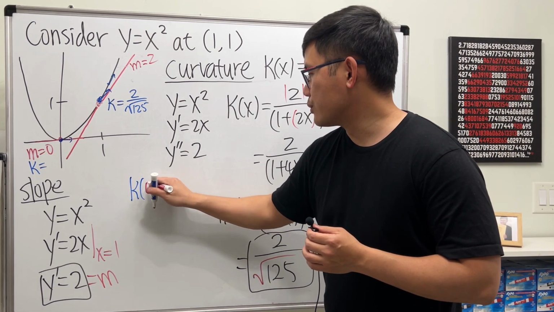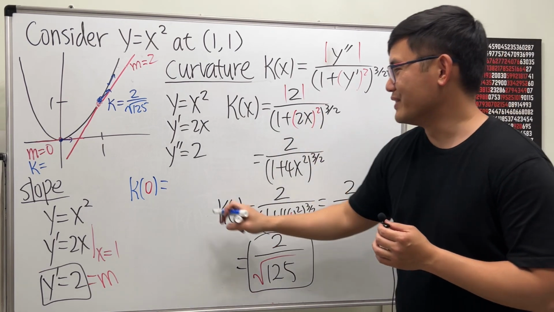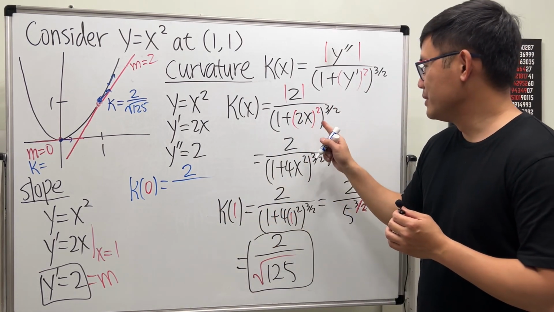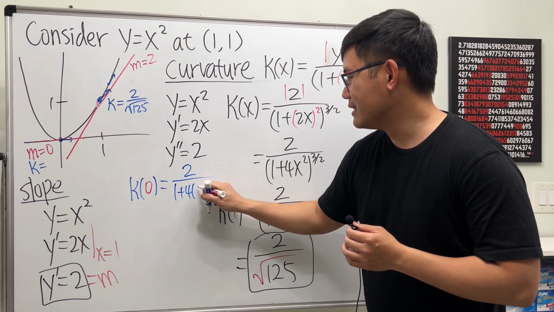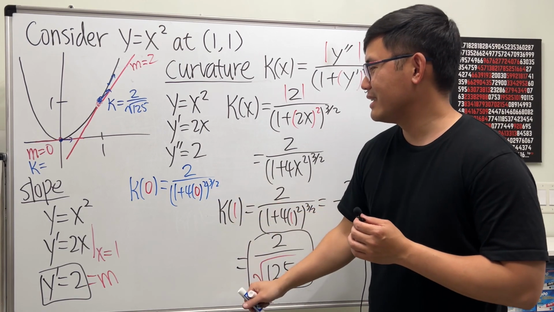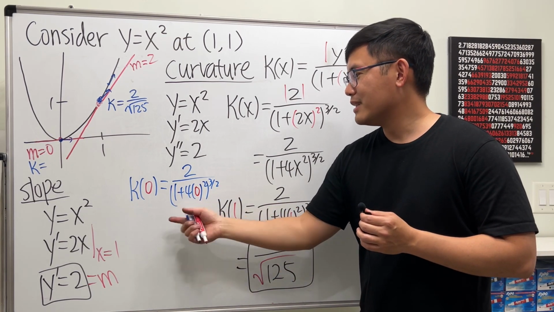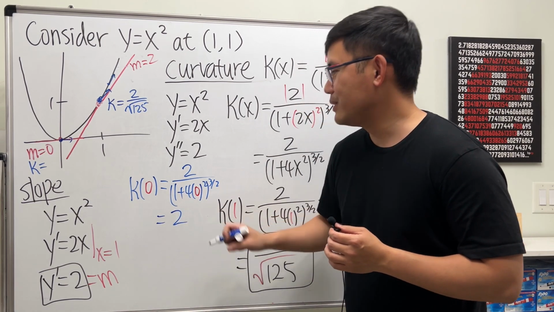Kappa of 0, it's not 0 because the top is 2. Over, put 0 in here. So it's 1 plus 4 times 0, and then squared, raised to the 3/2 power. The inside is just 1, so 2 over 1. So in fact, the kappa at 0 is 2.